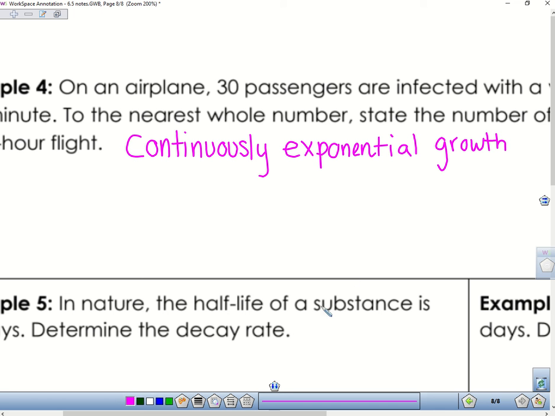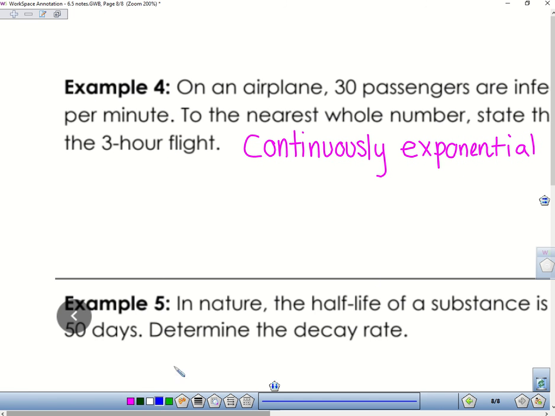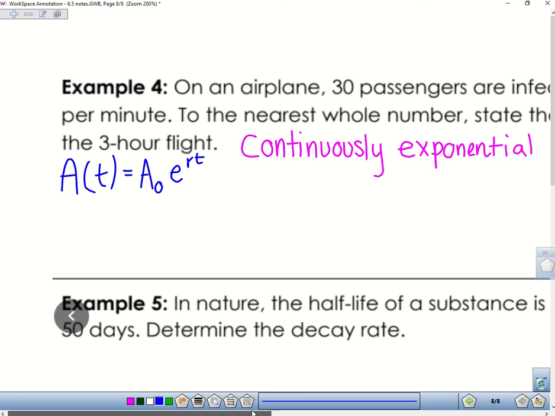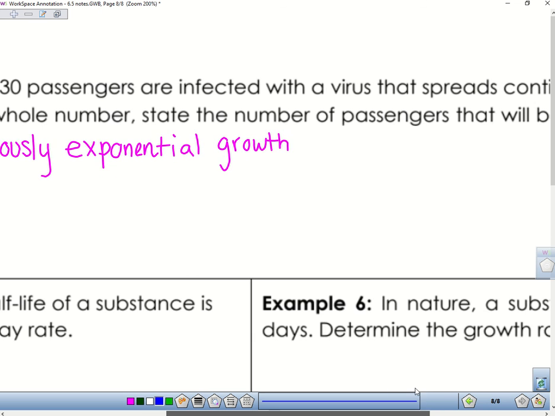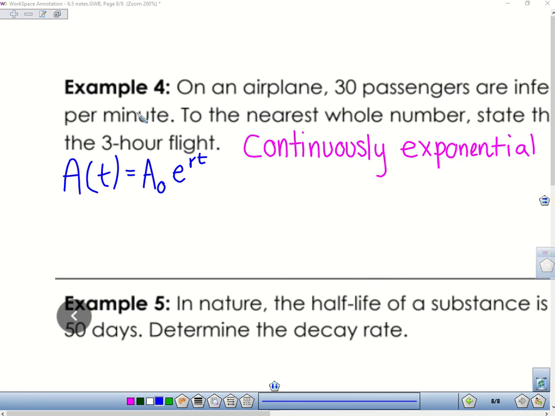So the reason we knew it was continuous is because they used the word continuous, right? And this one's growth, so we're going to use the growth model, which is A of t is equal to a sub 0 times e to the rt. Now, there is a problem with the units on time, however. What do you notice about the units on time? Good.